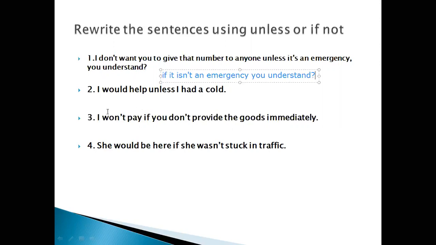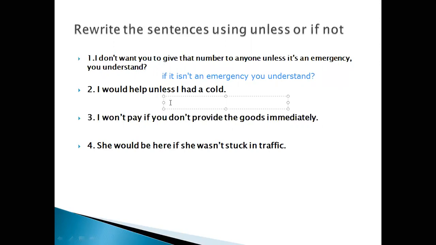Now let's do number 2. I would help unless I had a flu or I had a cold. I would help unless, so I will change from unless to if not.